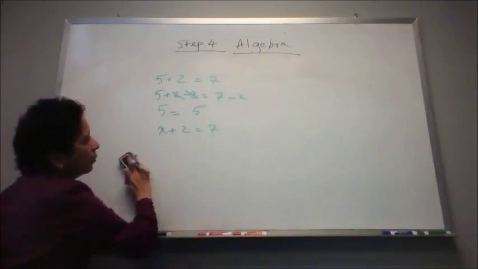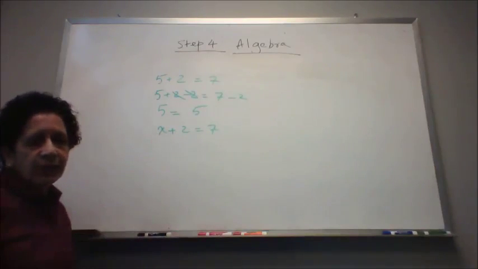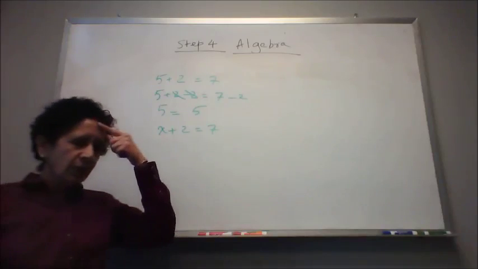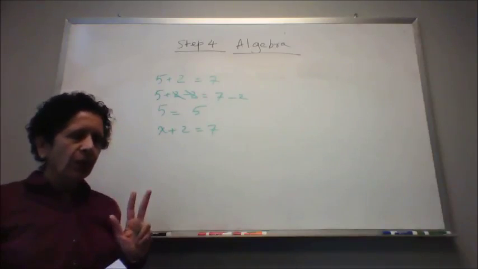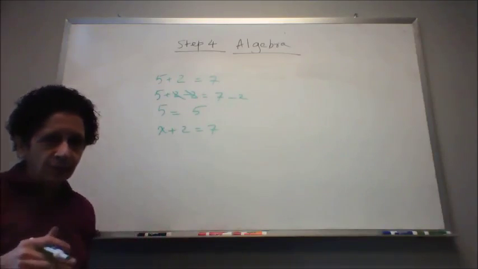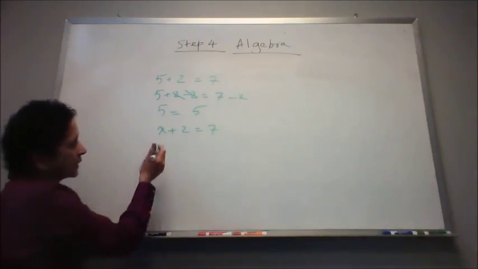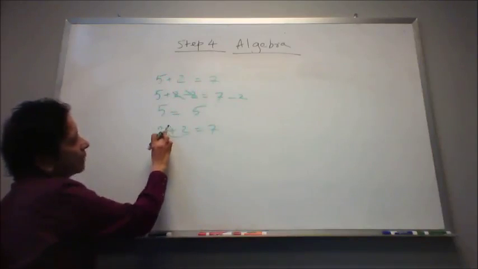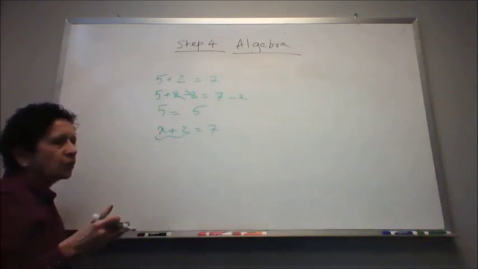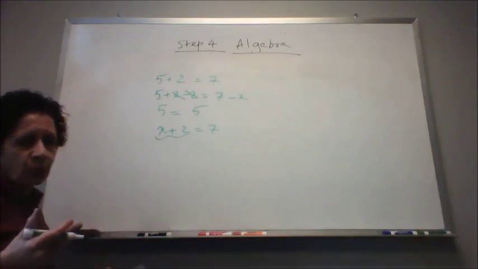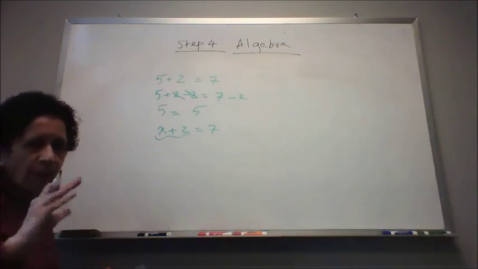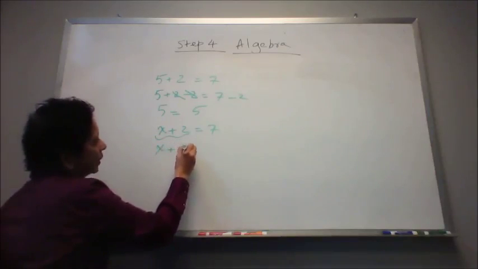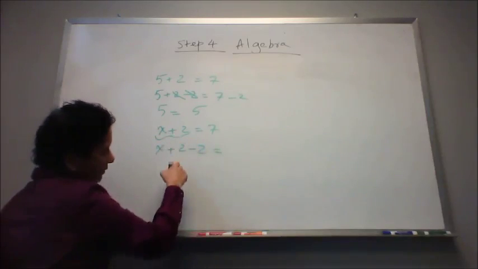So now, how do we do that using algebra? Remember, the goal is to get x. I want to get rid of everything that has nothing to do with x. I've got x plus 2, so I want to get rid of this plus 2, so I need to do the inverse, opposite operation: x plus 2 and then minus 2 on the left-hand side.